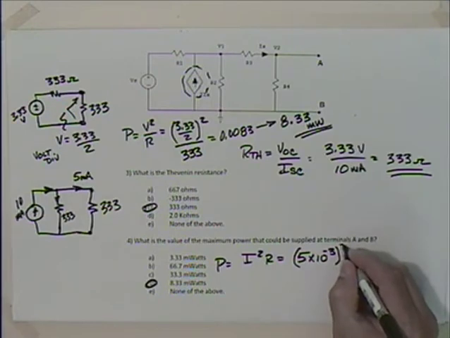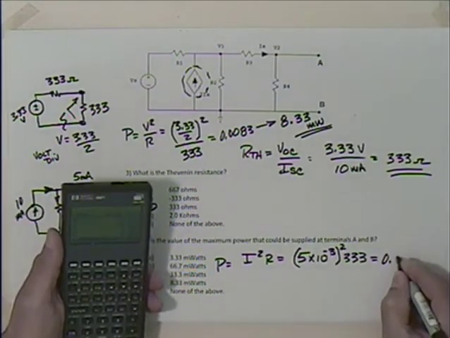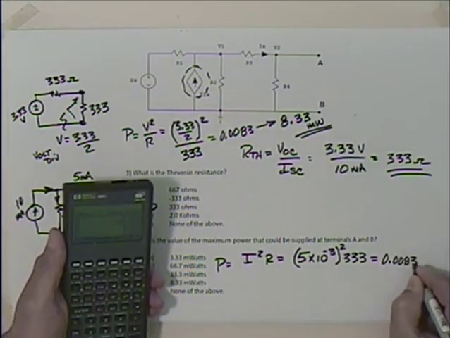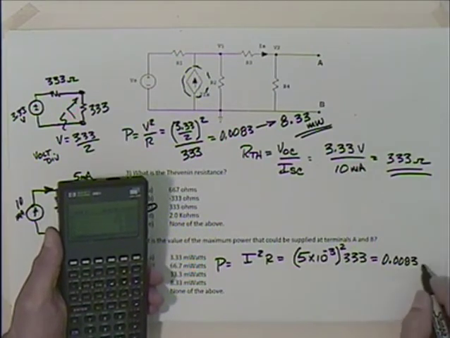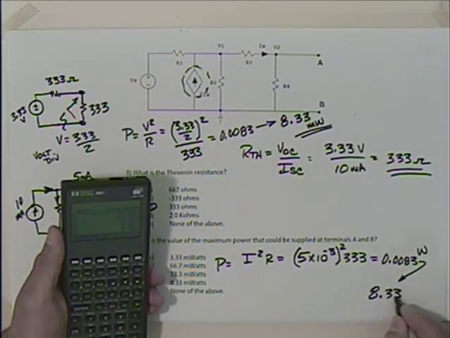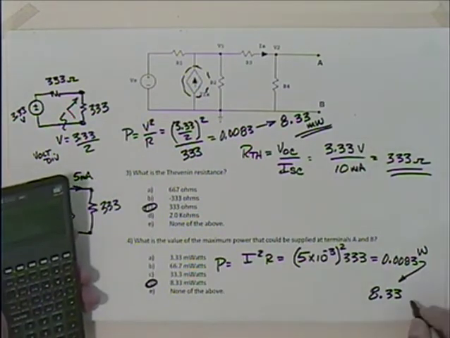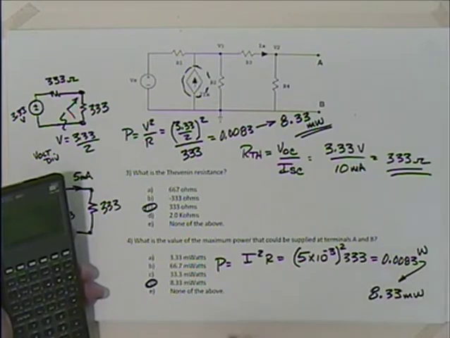Better square that, huh? So 0.0083. So when I multiply by 1,000, this being watts, I get 8.33 milliwatts.